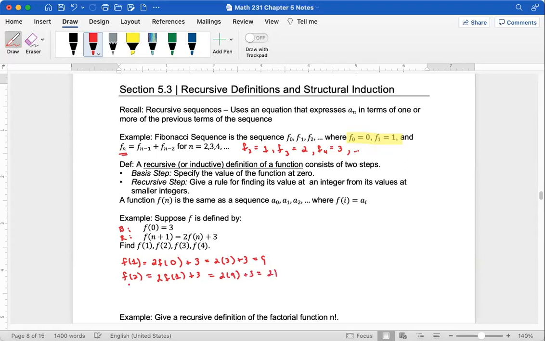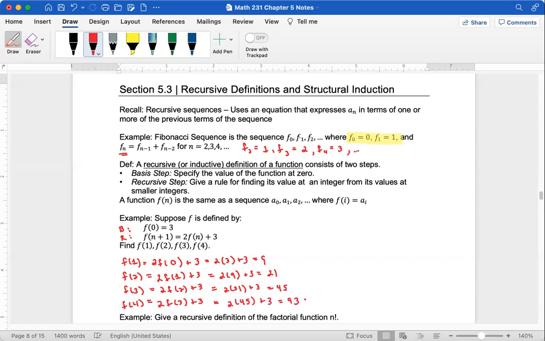All right. F of 3, so that's 2 times f of 2 plus 3, which is 2 times 21 plus 3, so that's 42 plus 3 is 45. And then lastly, f of 4 is 2 times the previous term, which is f of 3, plus 3, so 2 times 45, which comes out to 90 plus 3 is 93.